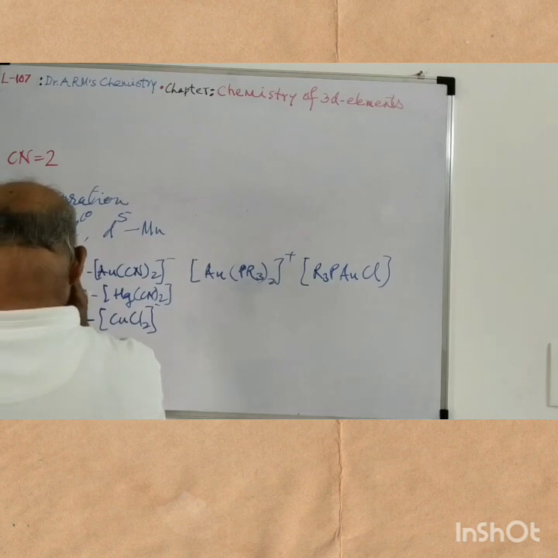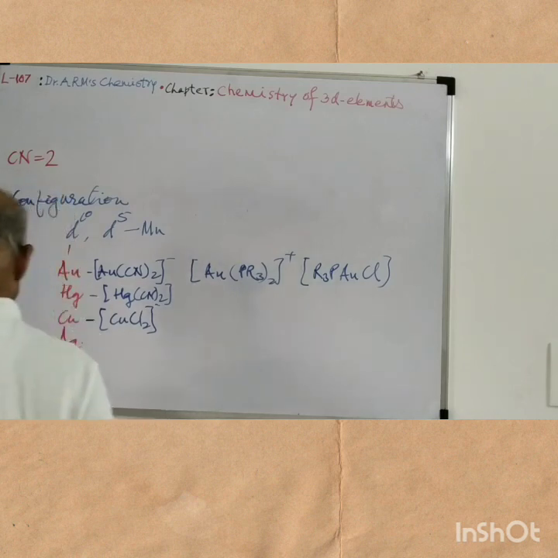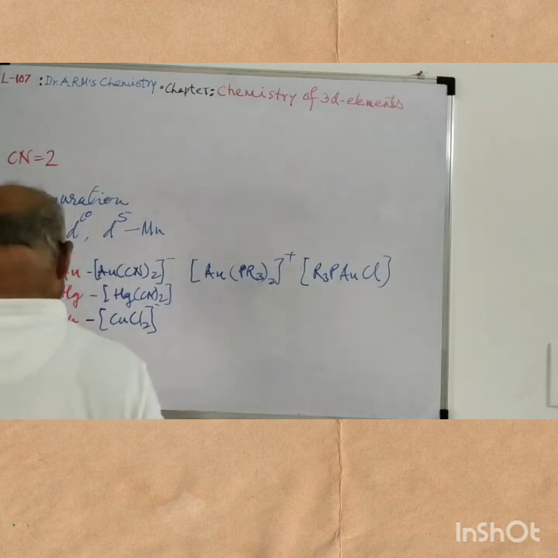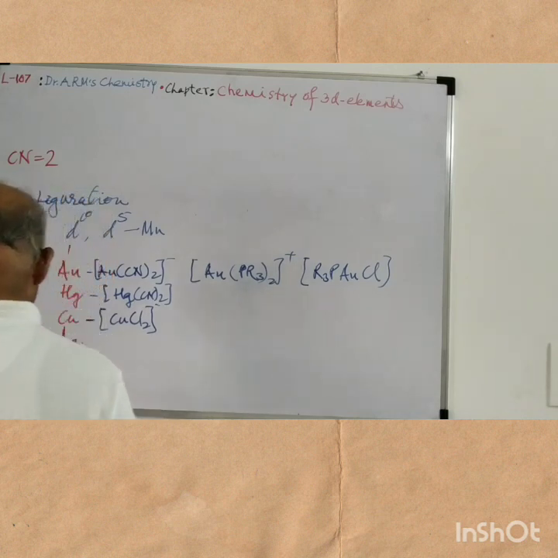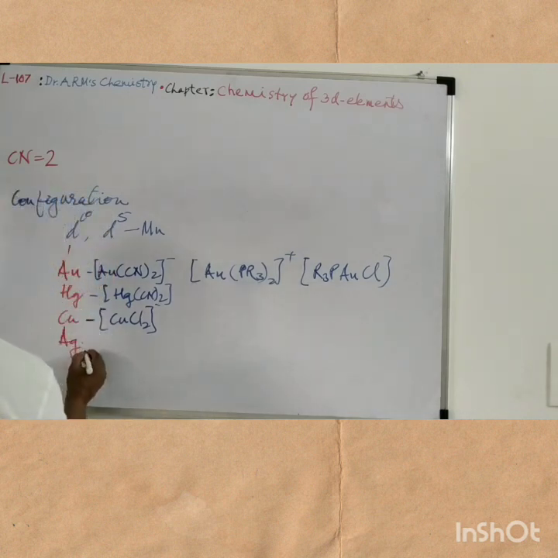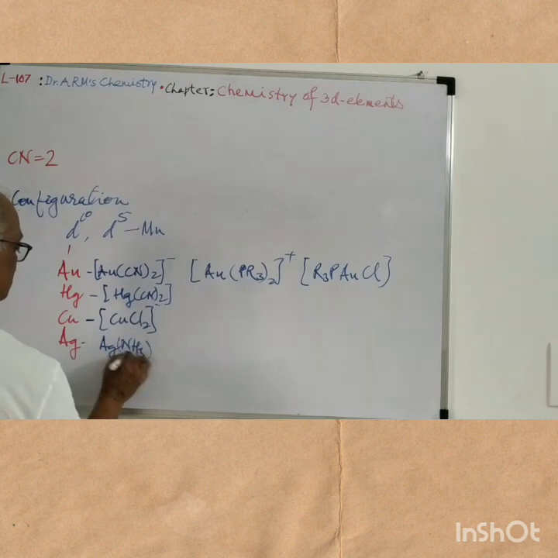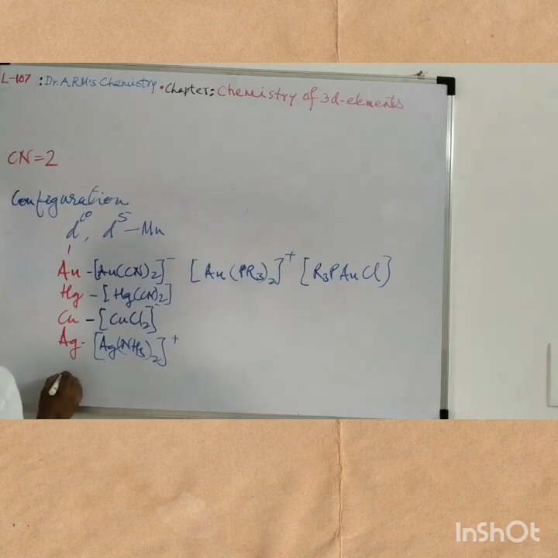So there are a variety of examples. We have seen the example of Ag as Ag(NH3)2 plus. Then we can have another example, Mn.